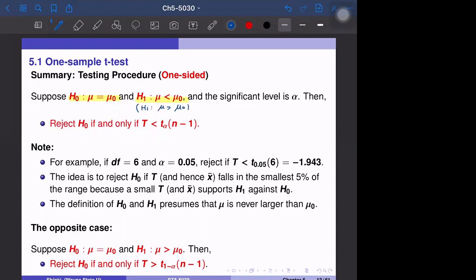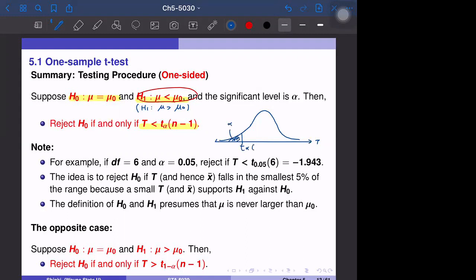In the first case, we reject H naught if and only if capital T is smaller than this value, the left tail part. If we have a T distribution like this, then this is T sub alpha of n minus 1, and the area is alpha.